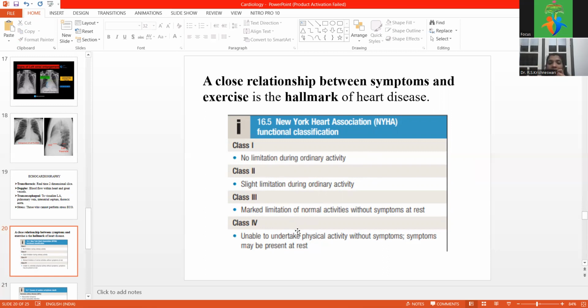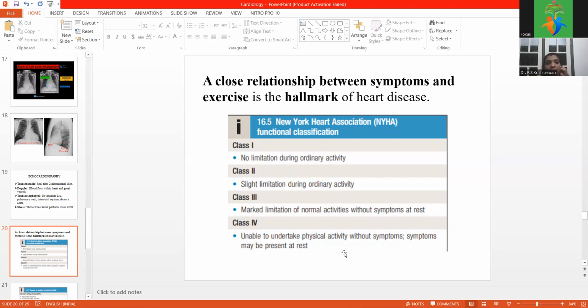Class 3 has marked limitation of normal activities, without symptoms at rest. Class 4 is unable to undertake physical activity without symptoms; symptoms may be present at rest.